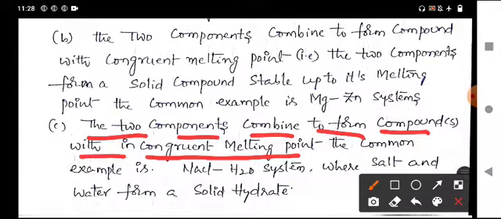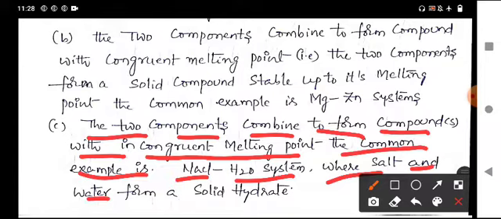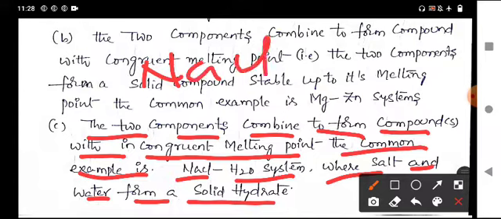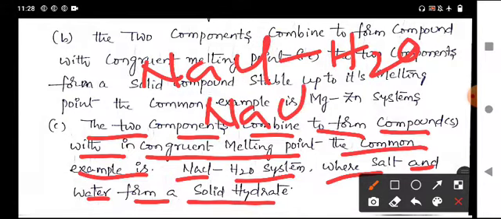The common example of this is the sodium chloride water system where salt and water form a solid hydrate. For the sodium chloride and water system, the solid hydrate is NaCl·2H2O.